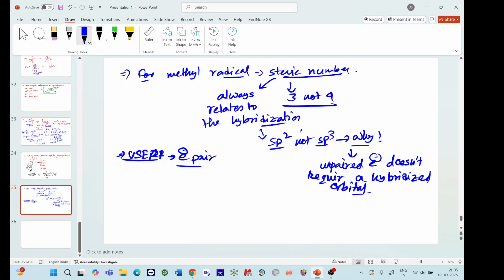So the actual structure is carbon with three hydrogens, the sp2 carbon, so the angle is 120, and you have an unhybridized p orbital. There this single electron is located. So if you calculate the steric number, it will be 3. The carbon is sp2. Okay, this was the conclusion from the last class. It will be 3.